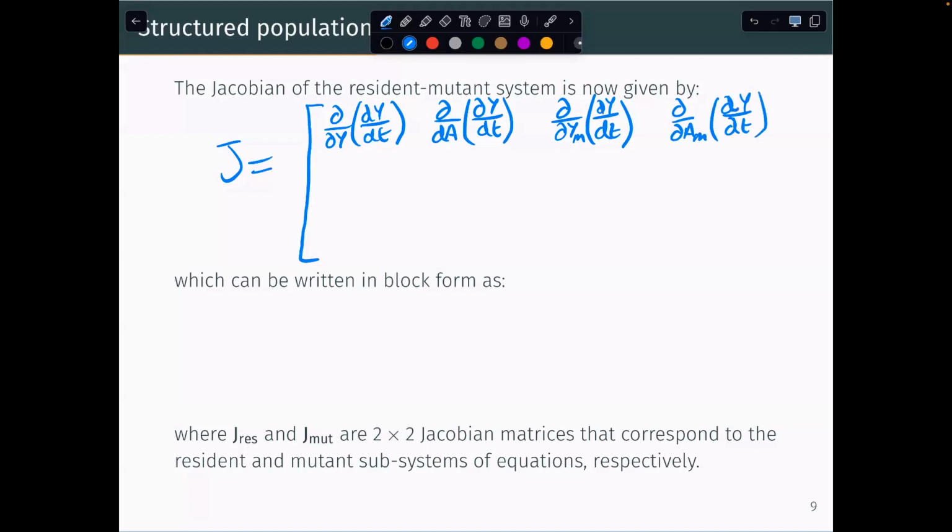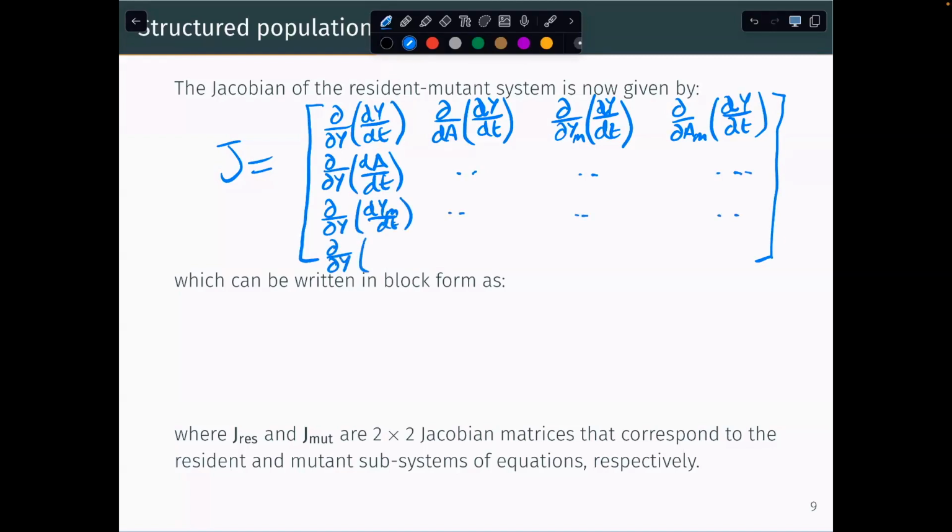And then we'll do this for each of our equations. So d/dY of dA/dt, similar. And then we go through d/dY of dYm/dt, and then d/dY of dAm/dt. So it's just a 4x4 Jacobian.